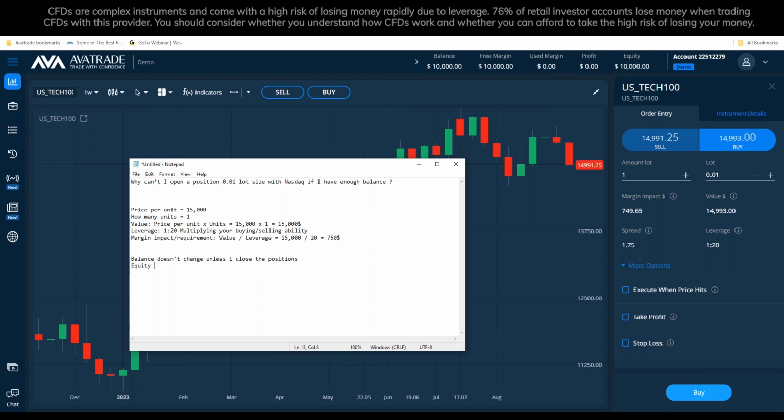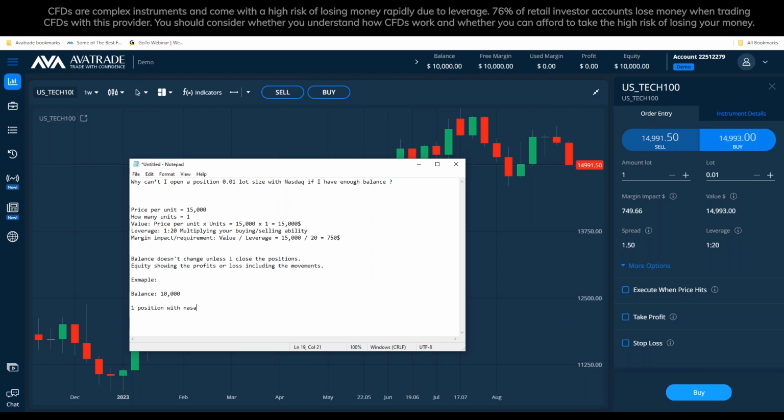Okay, equity shows the profits or loss, including the movements. Meaning, if my balance is 10,000, and I have a position with Nasdaq.